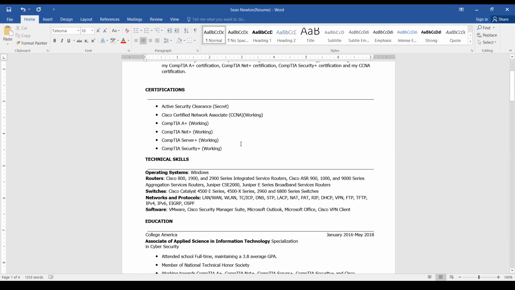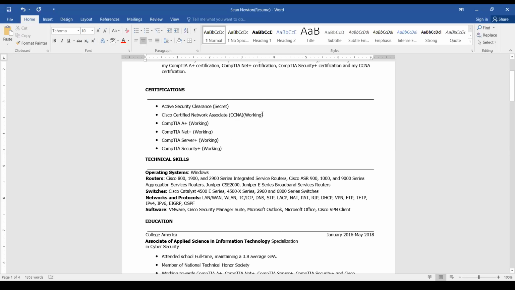Certifications. Sean, I sent you a copy of this with some notation on it, so I'm not including that with this. Certifications, I'm assuming that working here is something that you're working on. If not, then you have the certification.